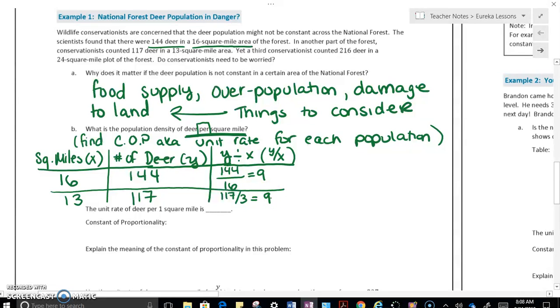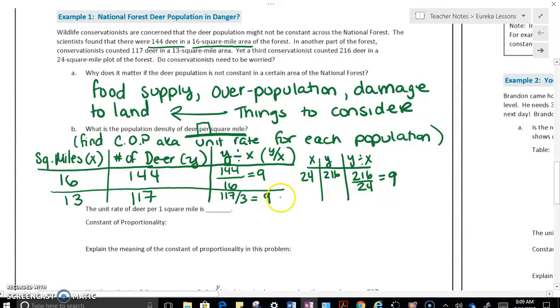I can't exactly fit all my work in the space that I've designated, so I'm going to create another table. 24 square miles and 216 deer, and 216 divided by 24 is going to equal 9.